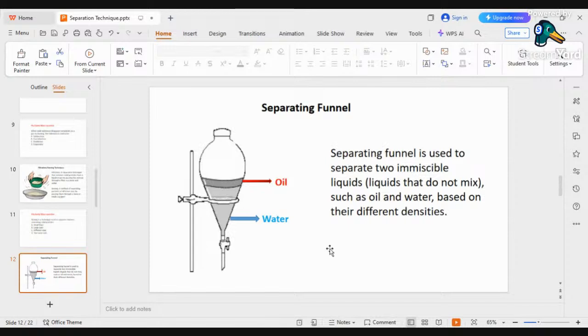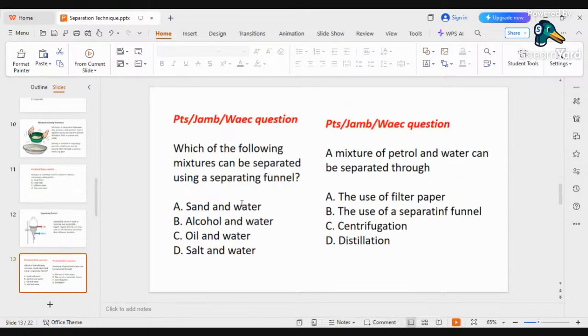Okay, so let's look at this question. There are two questions, number one and number two. The first one says, which of the following mixtures can be separated using a separating funnel?